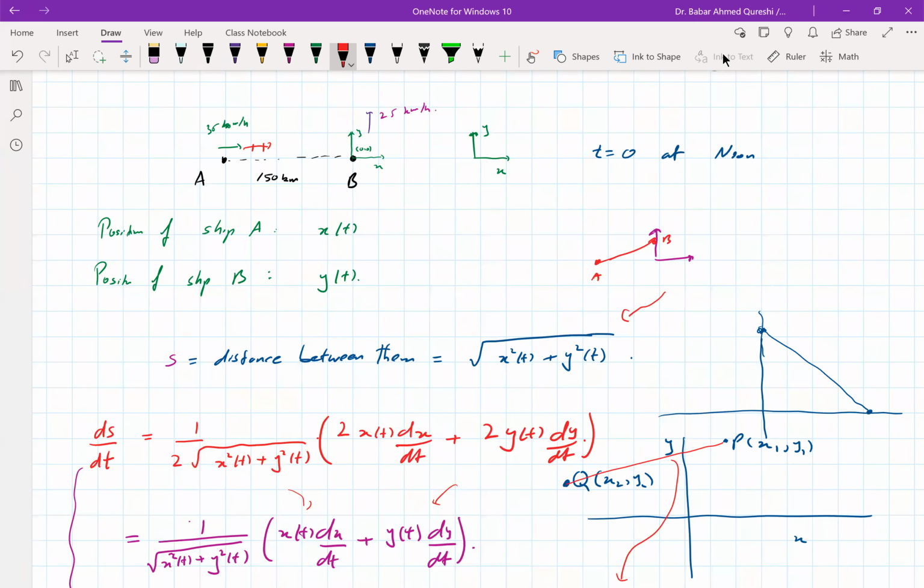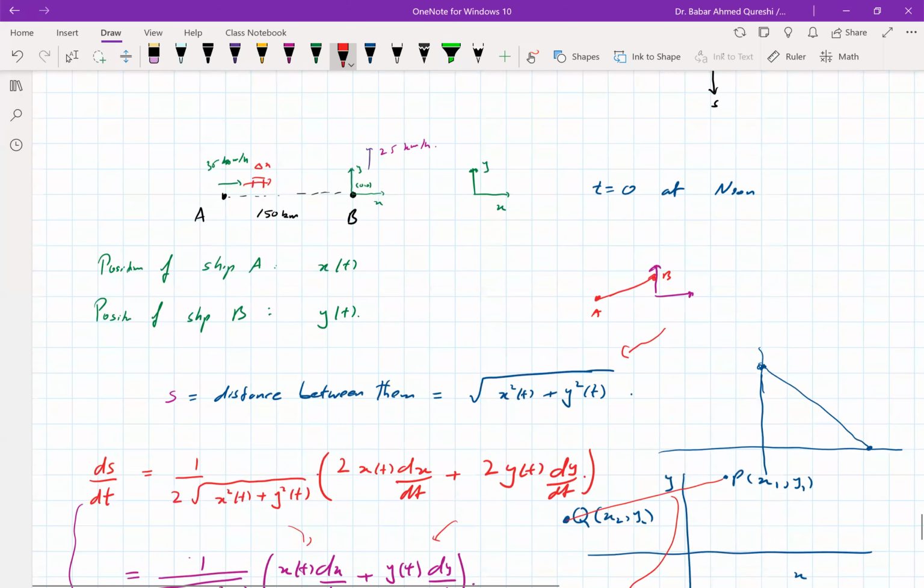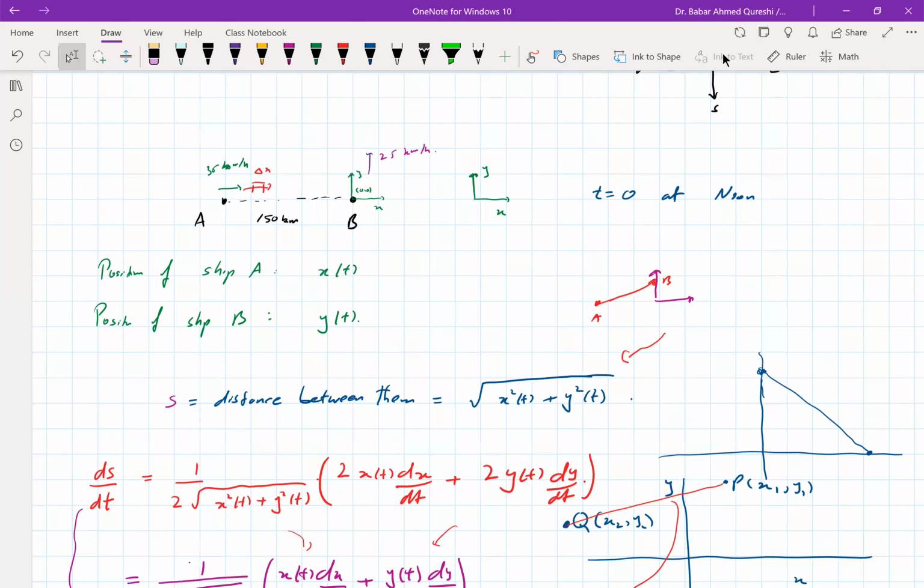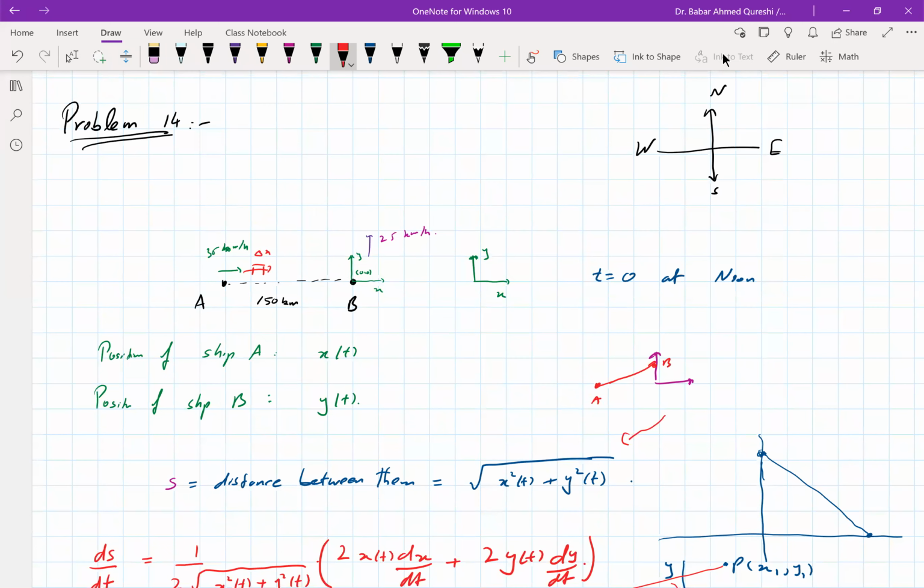So I make these small changes, delta x, and so dx by dt is a plus because the x coordinate of the ship A is increasing with time, since it's moving in the east direction. Similarly, dy by dt is also a positive number because the ship is moving in the north direction. So its y coordinate is increasing with time.